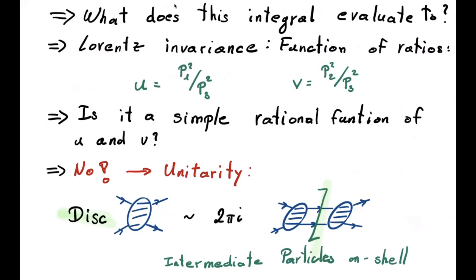And the discontinuities themselves are proportional to 2 pi i. And so if it was a simple function, like a rational function, then this property could never hold. So it clearly cannot be a simple rational function or something like that. It must be something more complicated. It must be a function that has discontinuities proportional to 2 pi i.